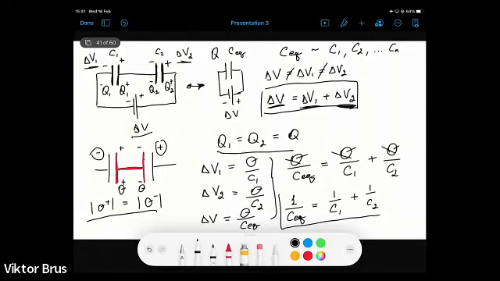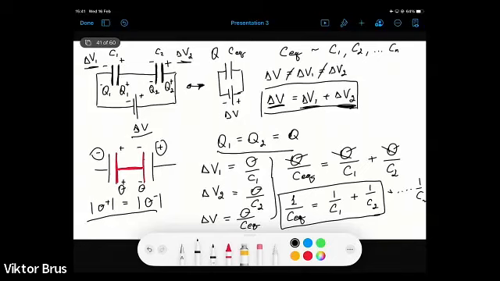So that is the equation which gives us the relationship between equivalent capacitance of two or more, we can continue here, 1 over Cn, capacitors connected in series.